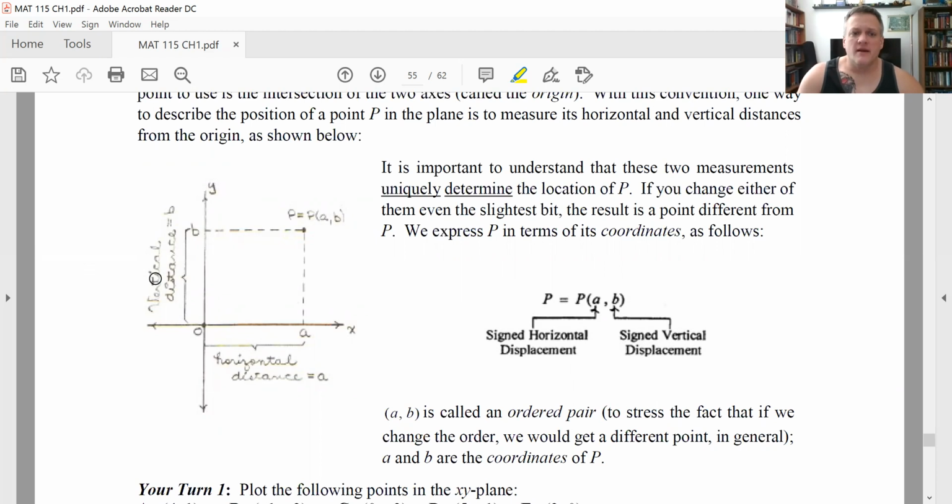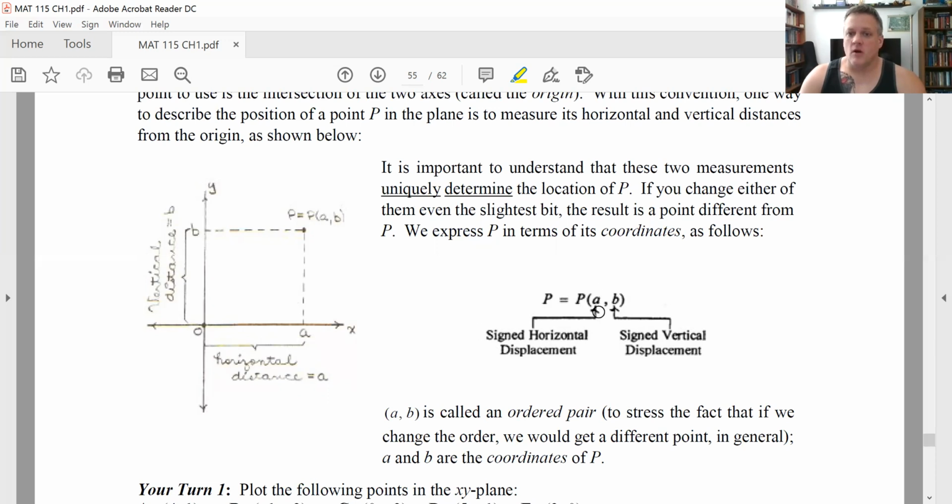Whereas over here, moving to the left along the x-axis gives you a negative, moving along the upward direction of the y gives you a positive. And so in the second quadrant, points have a negative x and a positive y. And then similarly, in the third quadrant here, both coordinates are negative. And in the fourth quadrant, the x is positive while the y is negative.